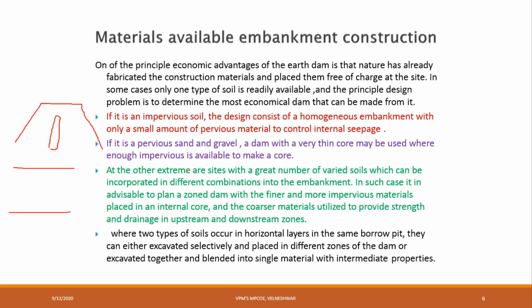Means generally selection is good. For suppose up to here only a single type of property is there, excavate that one and use it for your construction. If you mix both of the soils, what will happen? The properties will be changed. It may lose properties like the strength properties of soil.